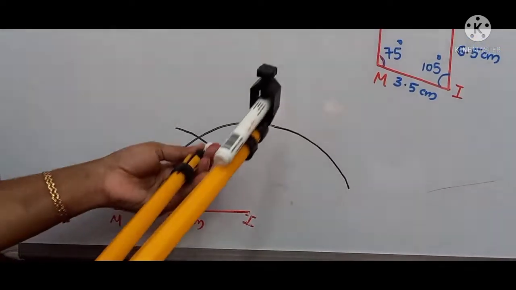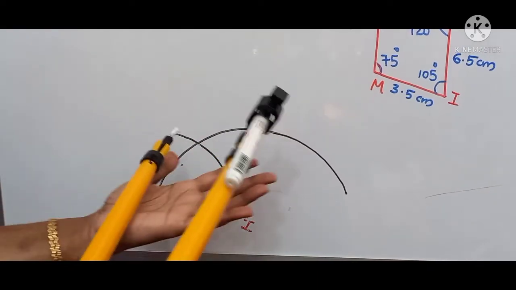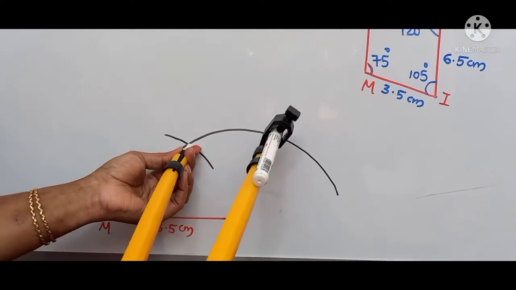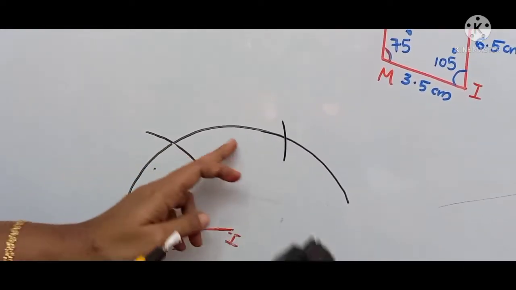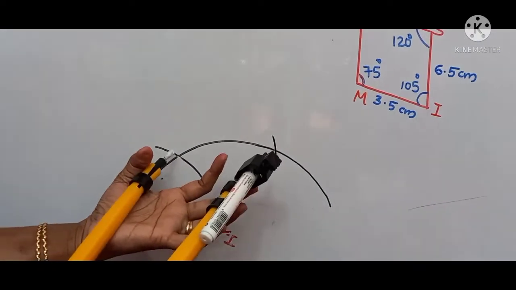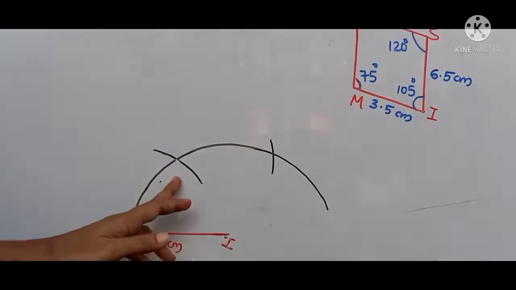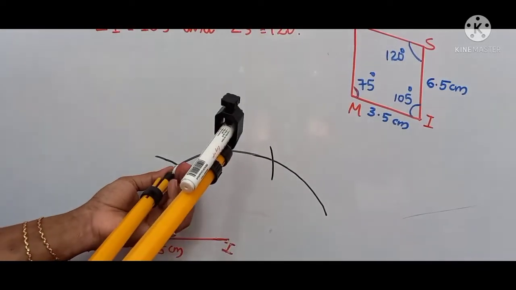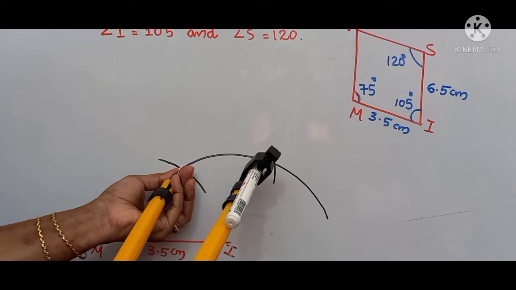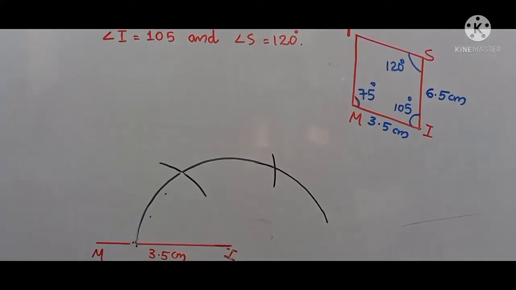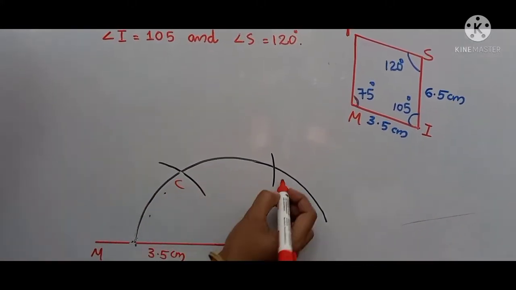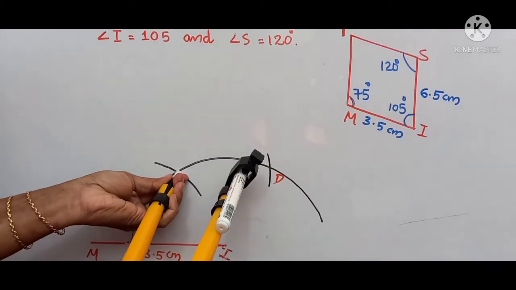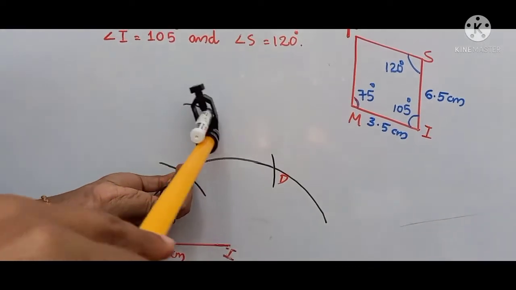You know this is 60 degree, and one more arc without changing the compass width, pointing here, draw another arc, again 60. 60 plus 60, this is 120, and the bisector of the 60 and 120 point of intersection is 90 degree. So we take more than half of this, let it be CD, more than half of CD, and draw an arc here.